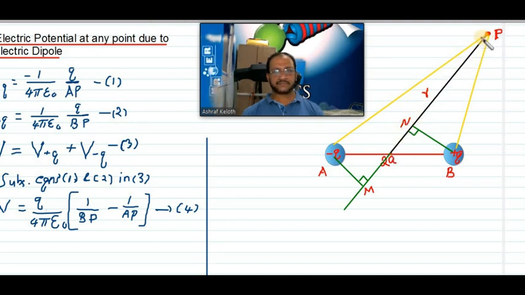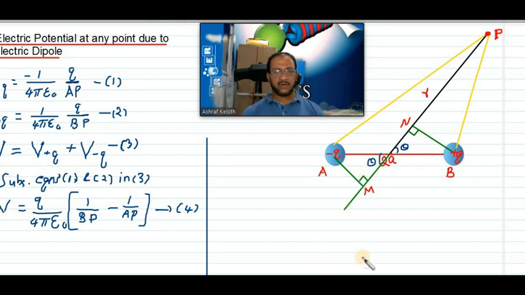We don't know the value of BP or AP. Now, if the line R is making an angle theta at point P, this angle is theta, and this also will be theta, isn't it? Yes, sir. The opposite angle is theta.